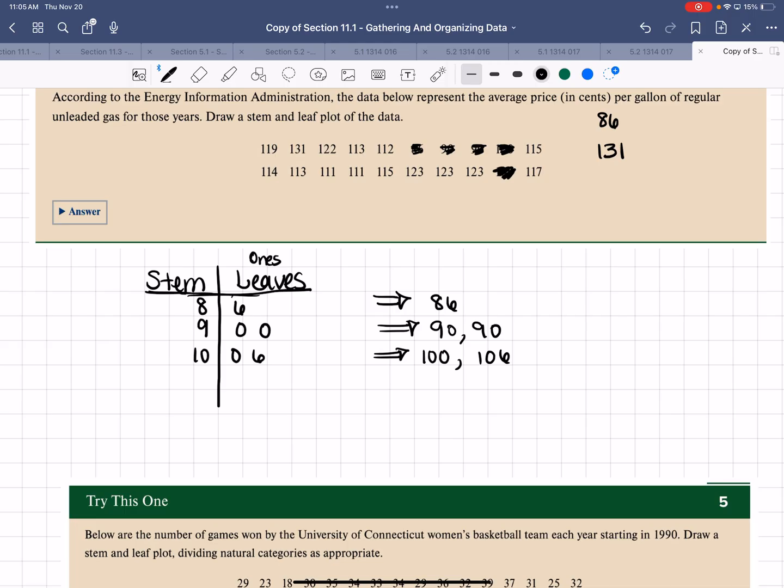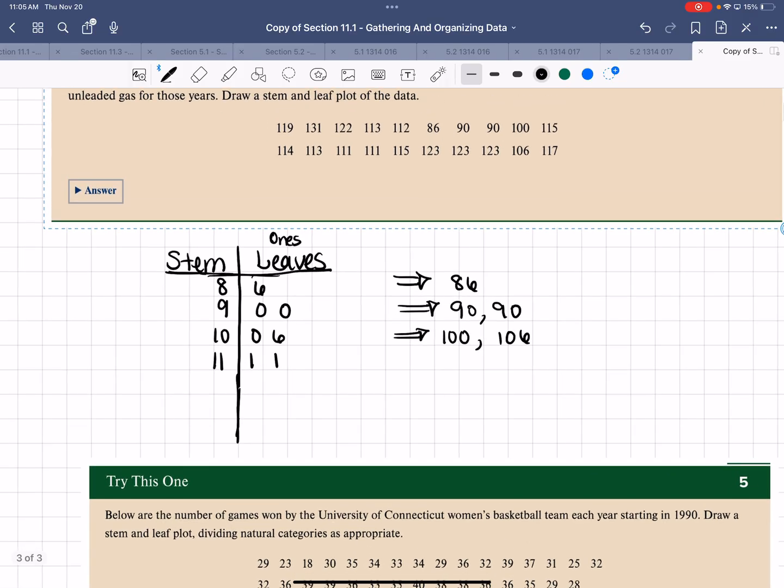Okay? Let's go up to 110 through 119. So that means I would have an 11 right here. Do I have a 110? No. Do I have a 111? Yes. How many? 2. So that's a 1, 1.